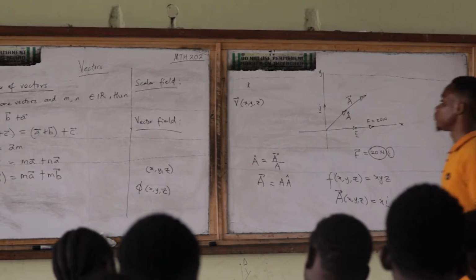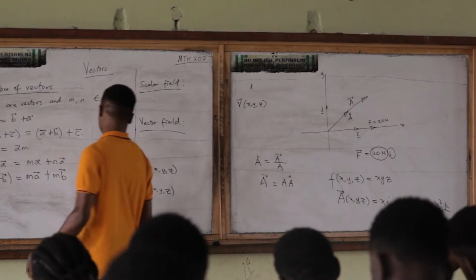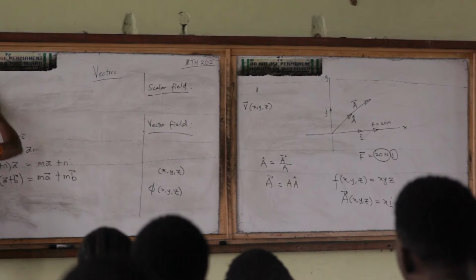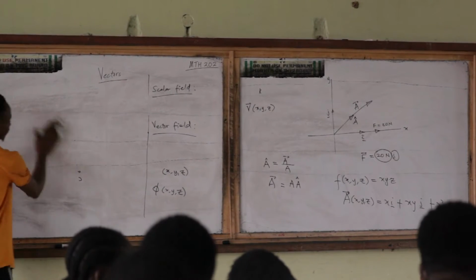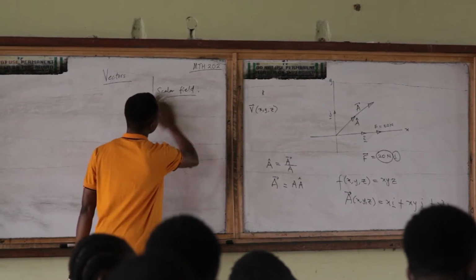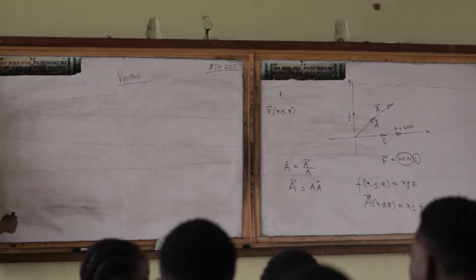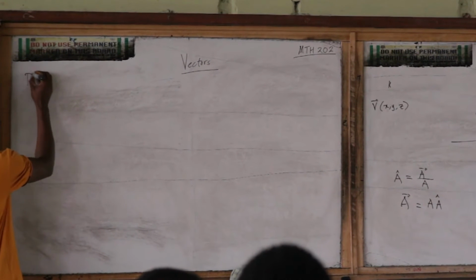Alright, so let's talk about dot and cross products of vectors.